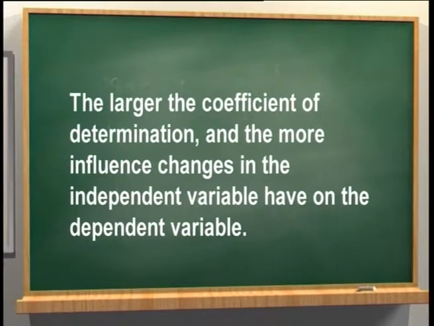The larger the correlation coefficient, the larger the coefficient of determination, and the more influence changes in the independent variable have on the dependent variable. The calculation of the correlation coefficient is mathematically complex, but readily performed by most computer statistics programs.